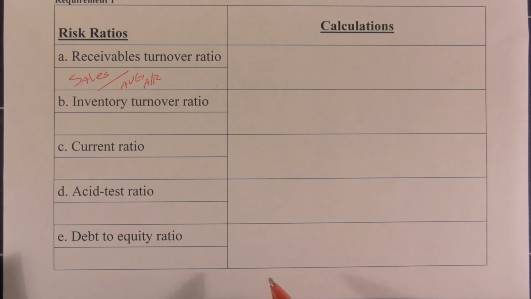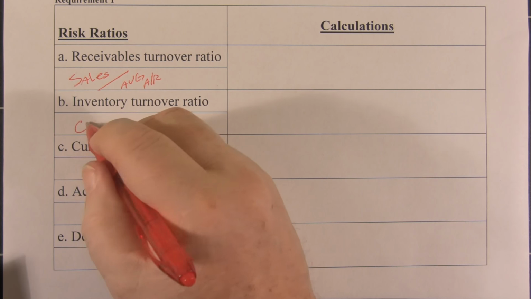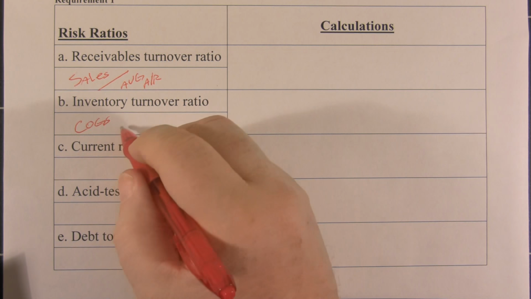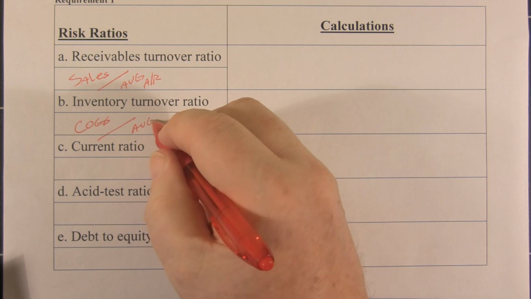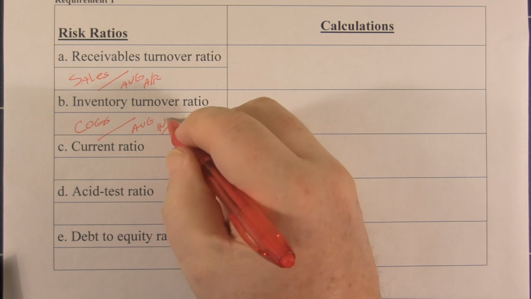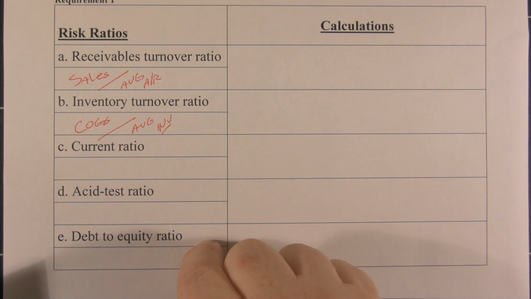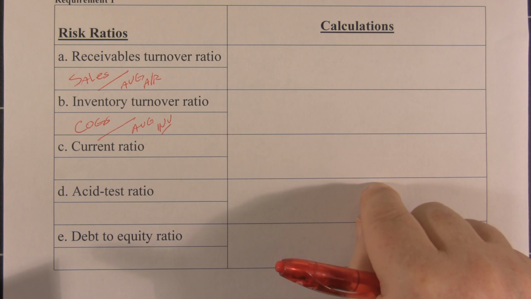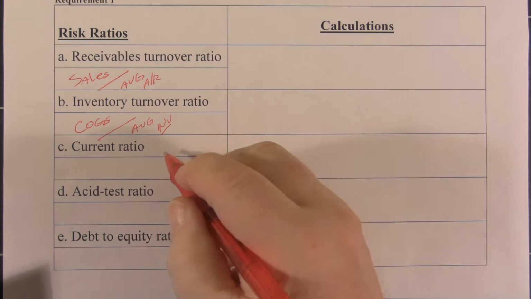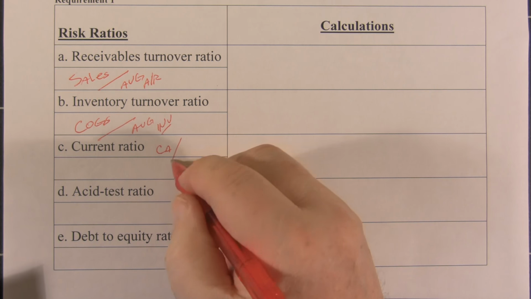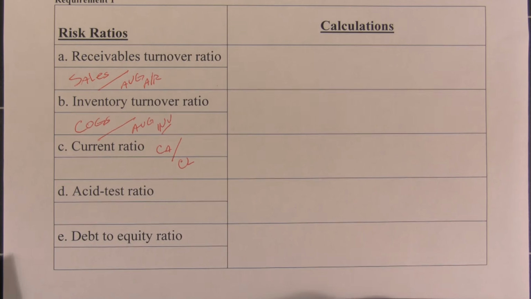Okay, the inventory turnover ratio is cost of goods sold divided by average inventory. Beginning inventory plus ending inventory added together divided by 2. Current ratio is the current assets divided by current liabilities.